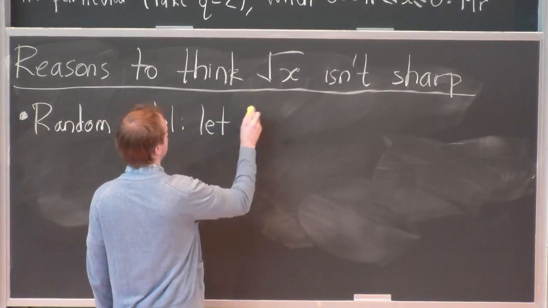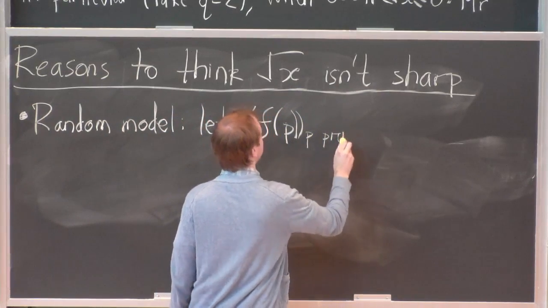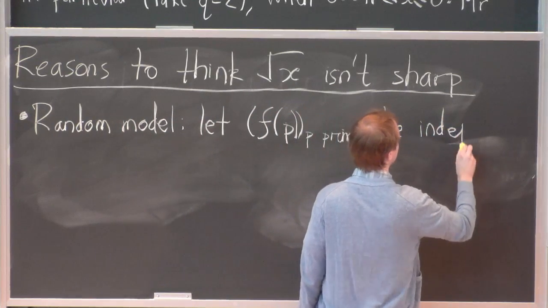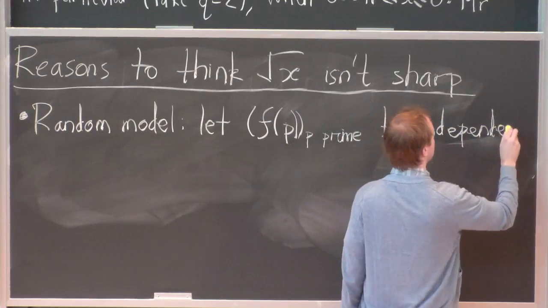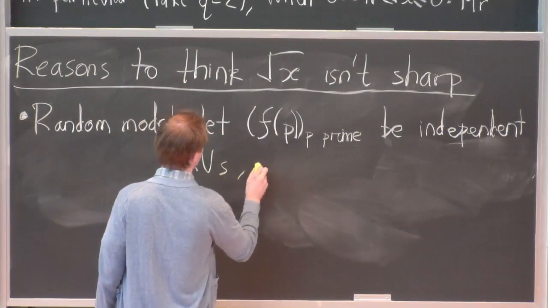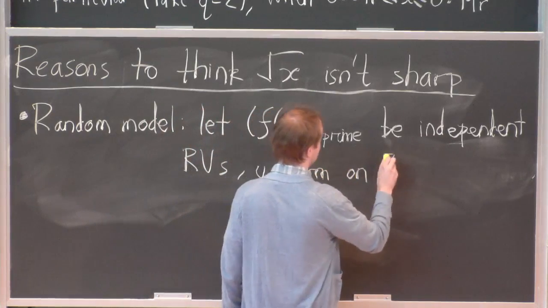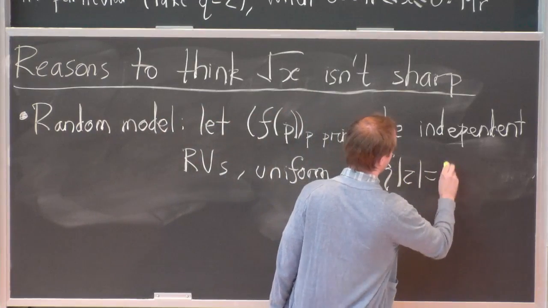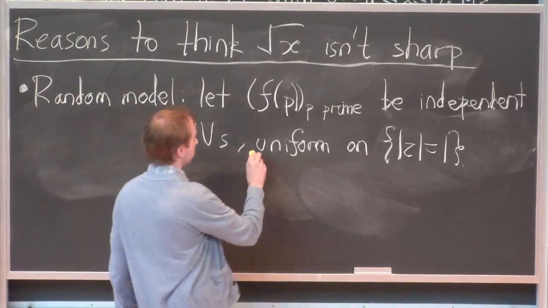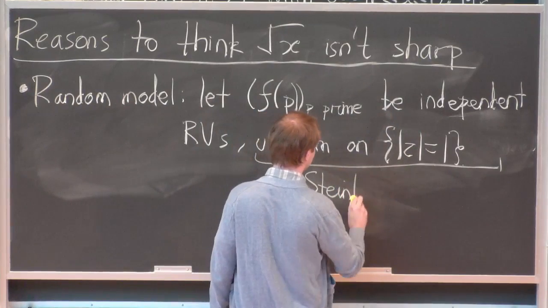I'm going to let f of p, for p prime, be independent random variables, each one uniformly distributed on the unit circle in the complex plane. And this distribution is sometimes called the Steinhaus distribution.